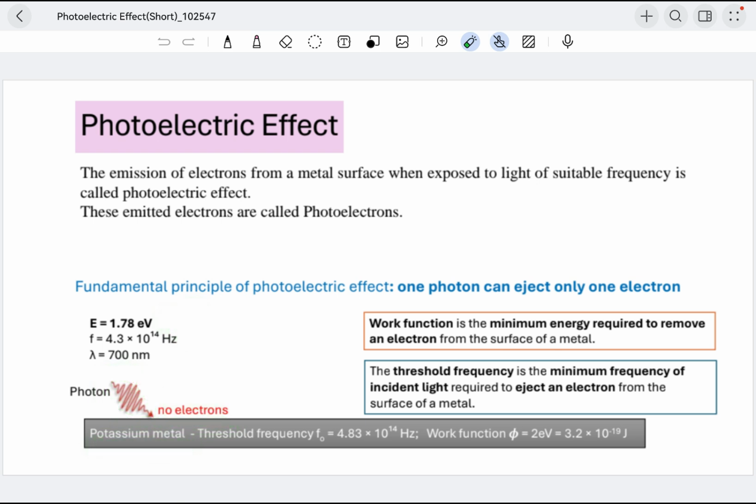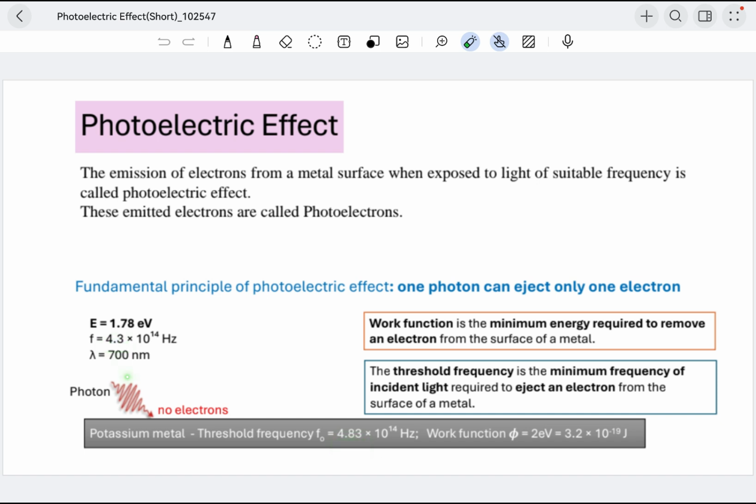We can also discuss the same thing in terms of the frequency, that is the threshold frequency. The threshold frequency for this metal, potassium metal, is 4.83 times 10 to the power of 14 Hz, whereas the frequency of this red photon is 4.3 times 10 to the power of 14. So we need 4.83, whereas this one is 4.3.